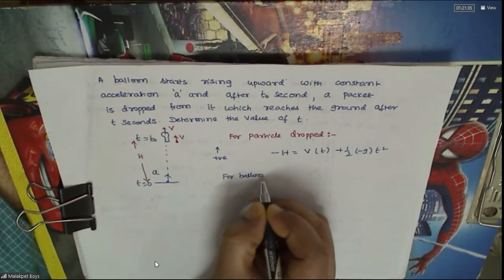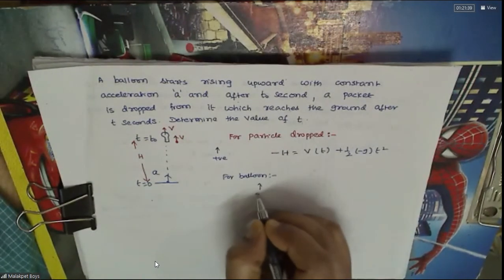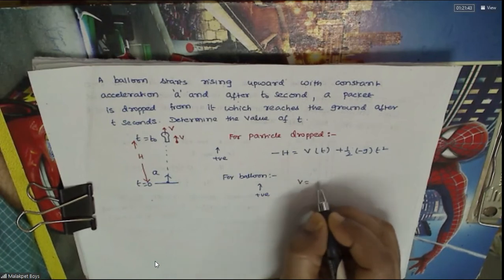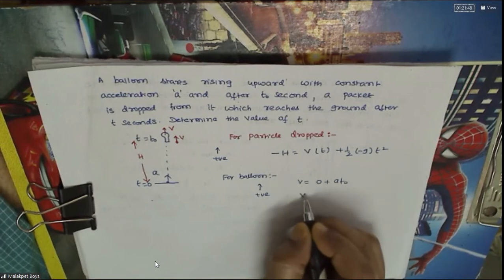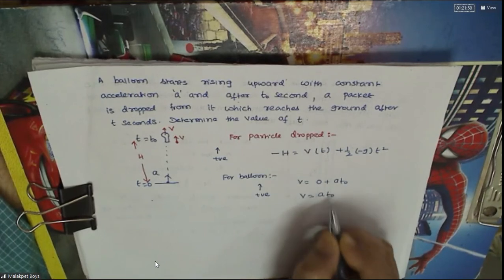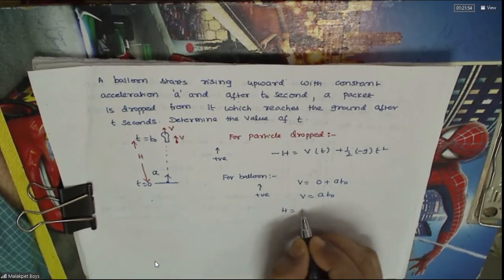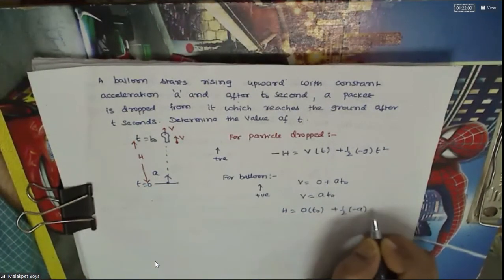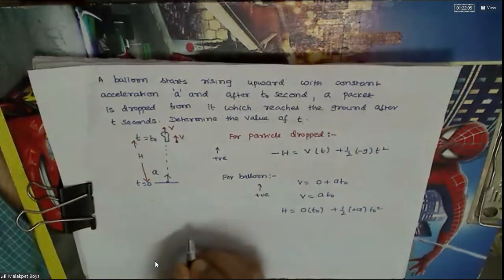For balloon, you have upward as positive, no? So what do you have to take? First we should take v is equal to u plus a t naught. So v you got, and h is equal to ut plus half a t naught square.